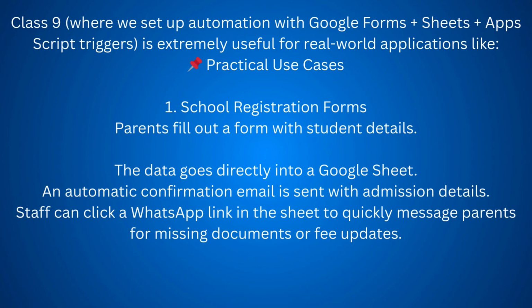The data goes directly into the Google Sheet. An automatic confirmation email is sent with admissions details. The staff can click a WhatsApp link in the sheet to quickly message the parent for missing documents or a fee update.